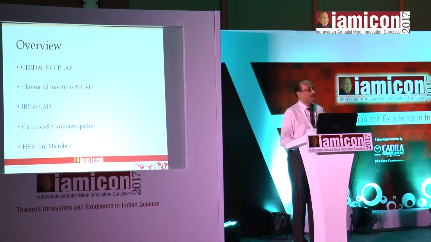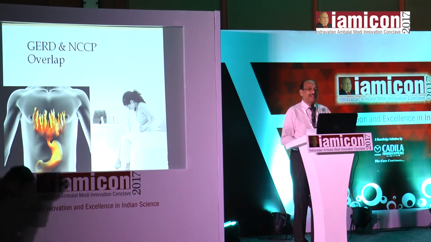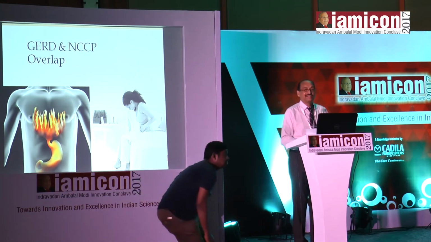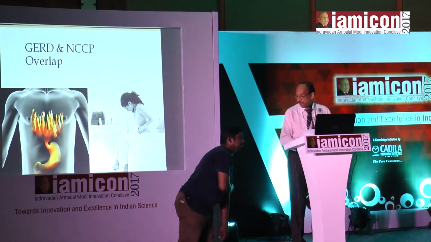One of the commonest problems that one encounters in the clinic is chest pain. So you do an ECG, you do a troponin I or troponin T, and when it's negative, then you just relax, saying this is something to do with your GI system.